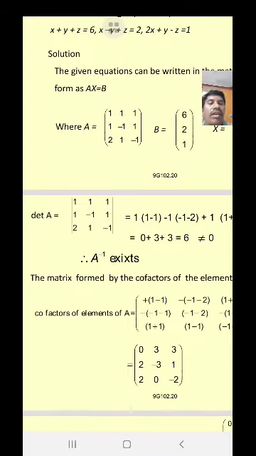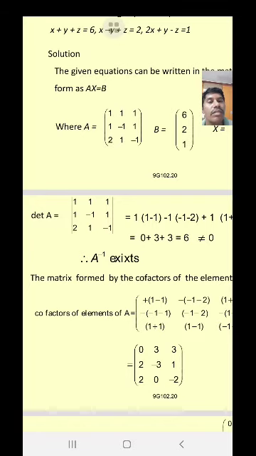And next come to the second element. When we come to the second element, we have to take minus, because simply we say the first element is positive, the second minus and the third positive. You recall, I already told you.